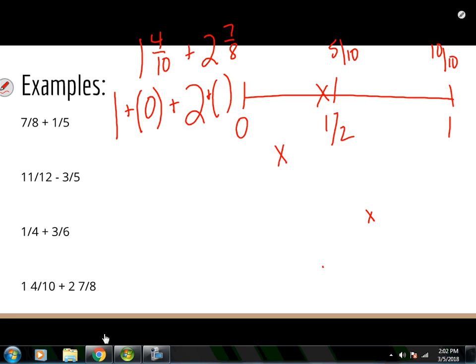And then I have 7/8. 8 out of 8 would be 1, and then 4 out of 8 would be half. Well, 7/8 is all the way over here, which is closer to 1. Add those together. 1 plus 0 is 1, plus 2 plus 1 is 3, which would get me 4.